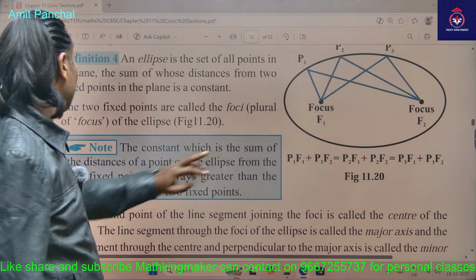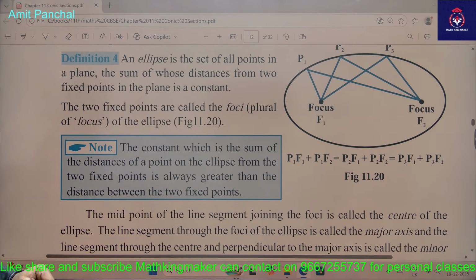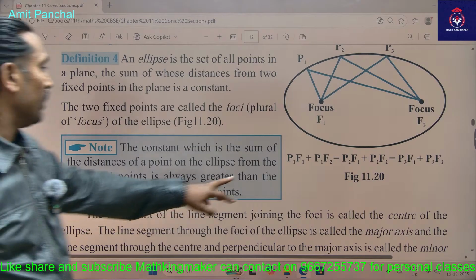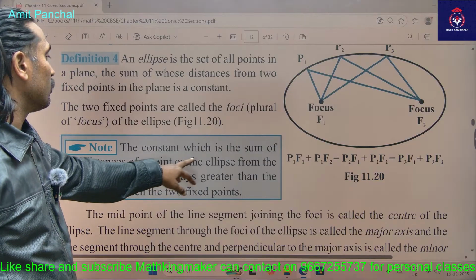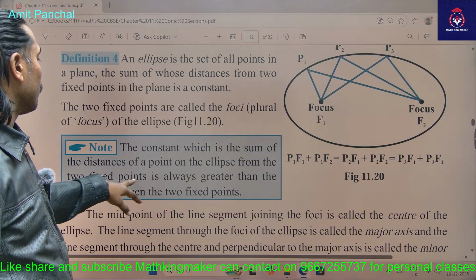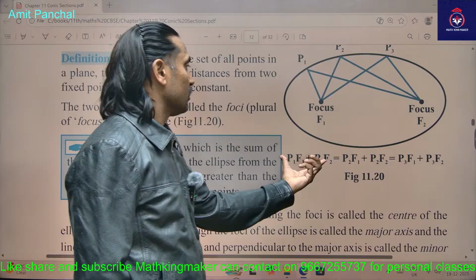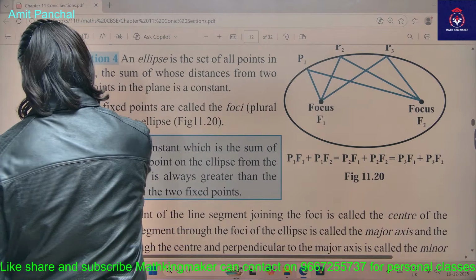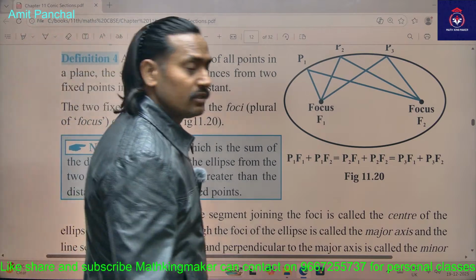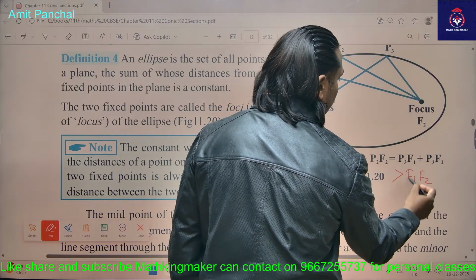The constant, which is the sum of the distances of a point on the ellipse from the two fixed points, is always greater than the distance between the two fixed points, F1F2. Just write it down.